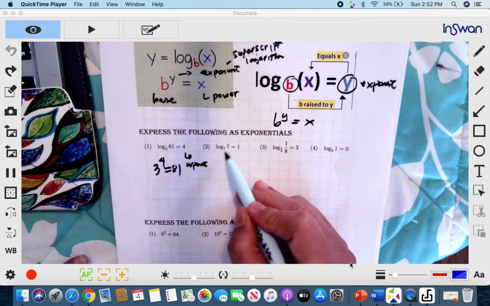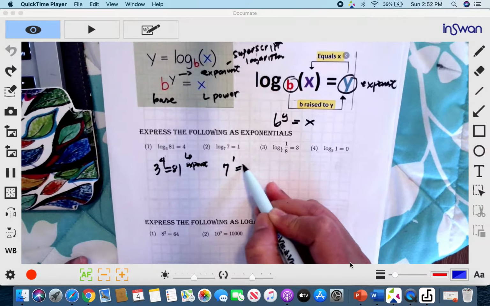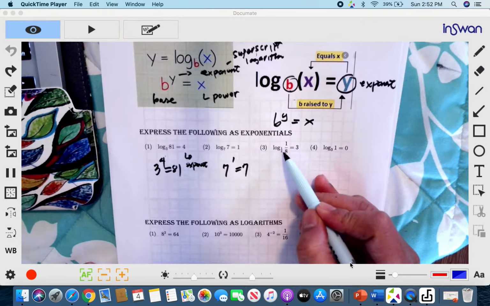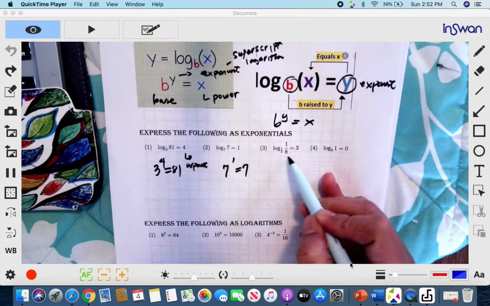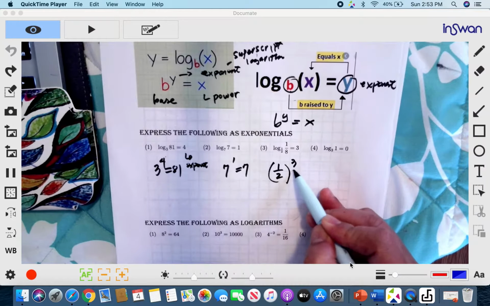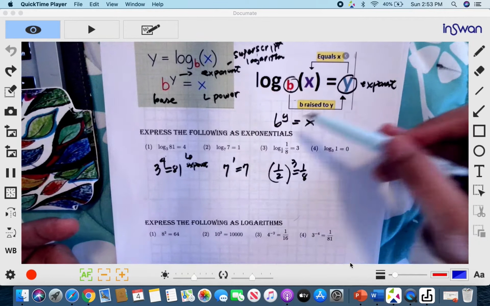Okay? This one, our base is 7, our exponent is 1, and it's equal to 7. This one, our base is 1/2, and our exponent 3 is equal to 1/8. It's like it's going around.